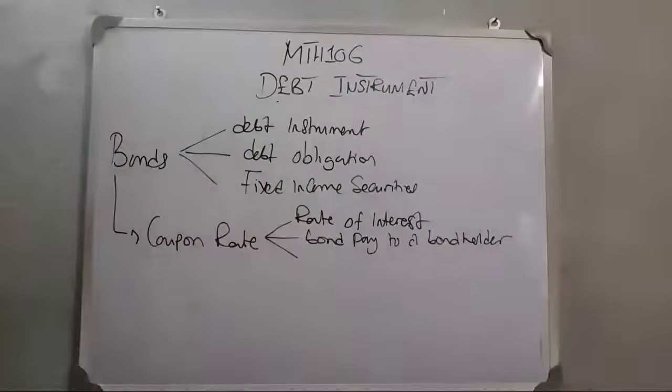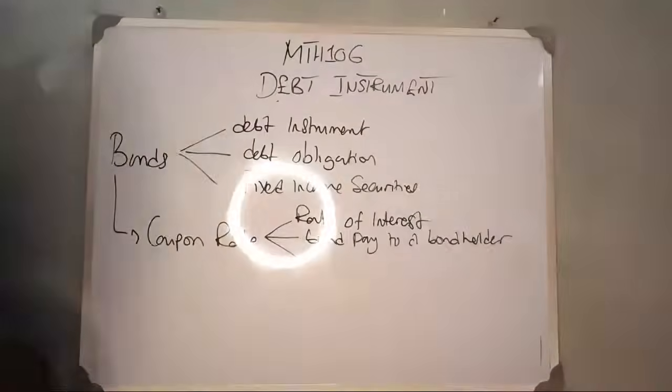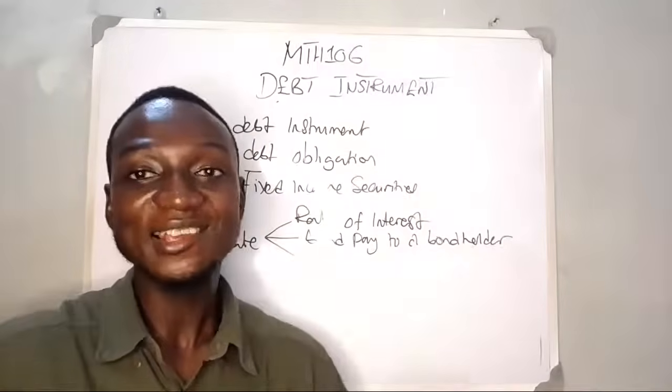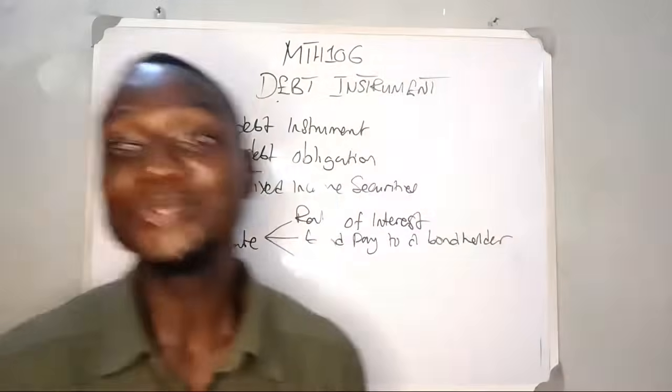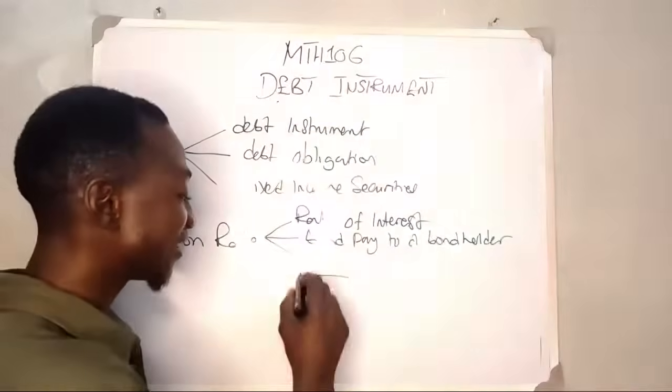Now let me explain this coupon rate with an analogy, from a place where I used to work at one time. That place is actually a cafeteria. Students don't spend real money; they come with a ticket.